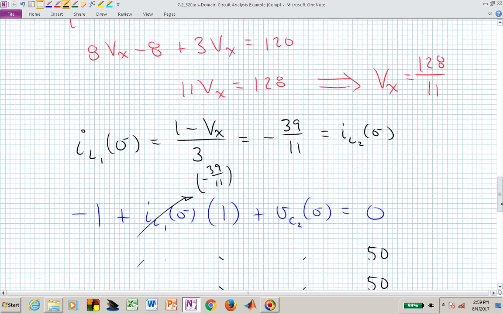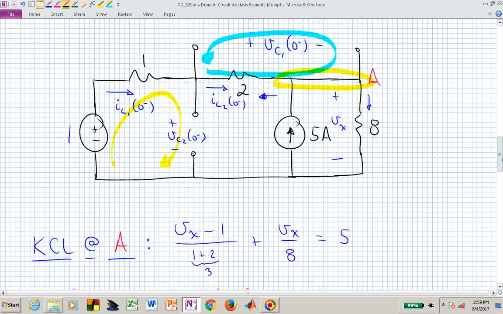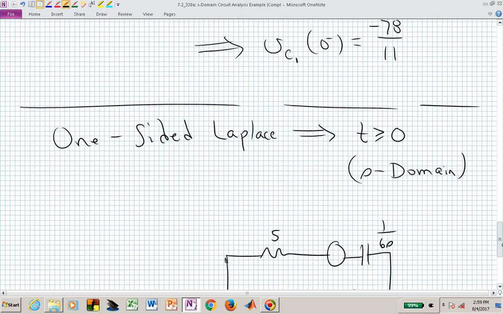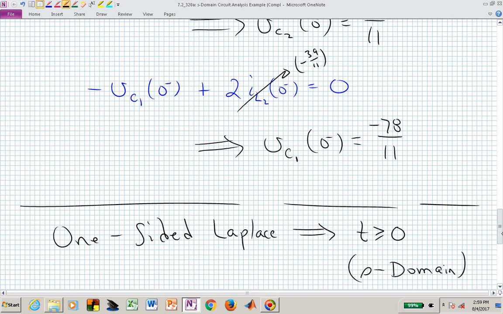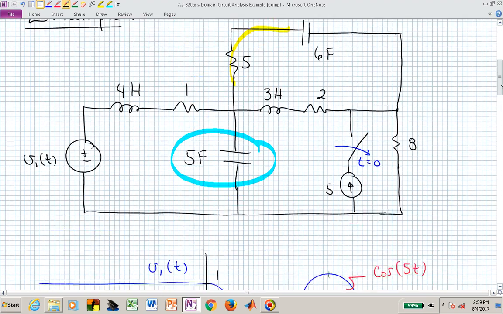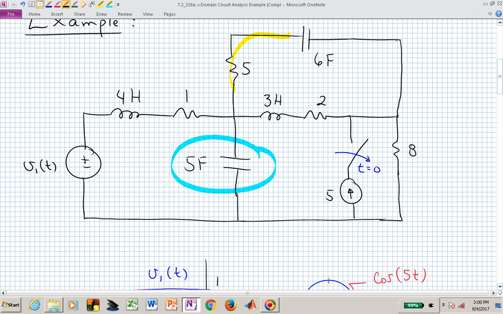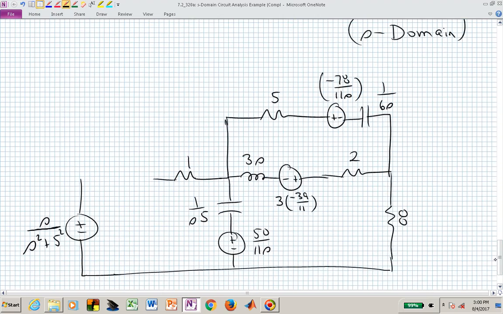It had a C of 6, so down here we have 1 over 6S, or 1 over S6, and the polarity now, to be consistent with how we had labeled the voltage before, from plus to minus, now needs to be plus to minus here, and that's now V sub C sub 1 of 0 minus, which is minus 78 over 11 times S. And finally, we have our first inductor, which had an inductance value of 4, and we now, to obtain the impedance, just scale that by S. So now we have 4S, and we have a source.